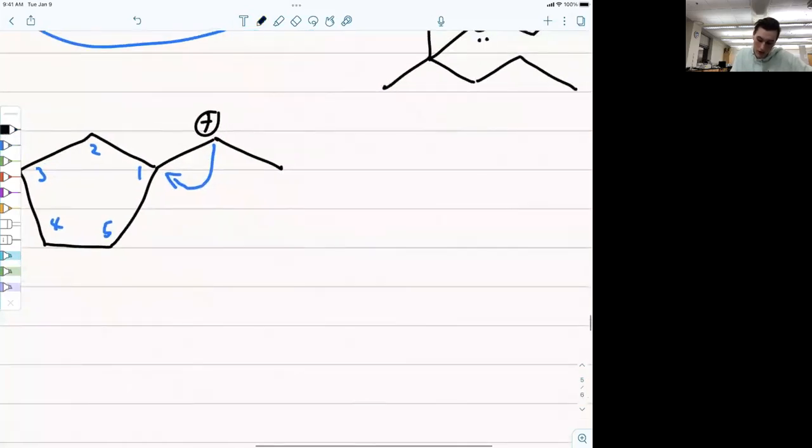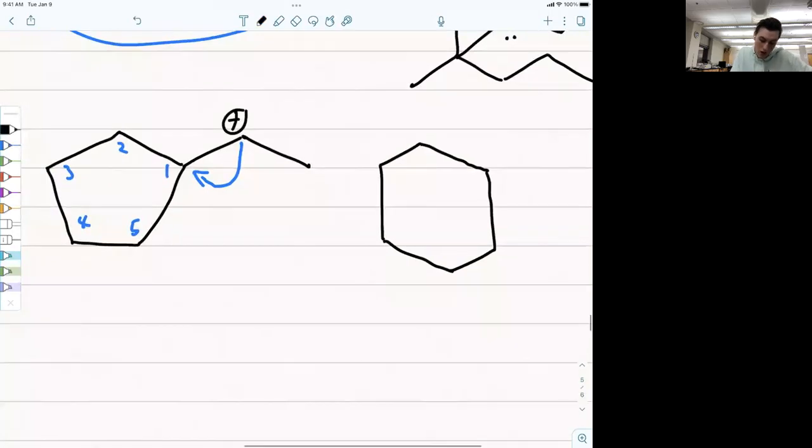And then what you'll get is a new cyclohexane. And then we're going to relabel our carbons. So this carbon here moved on to this one.